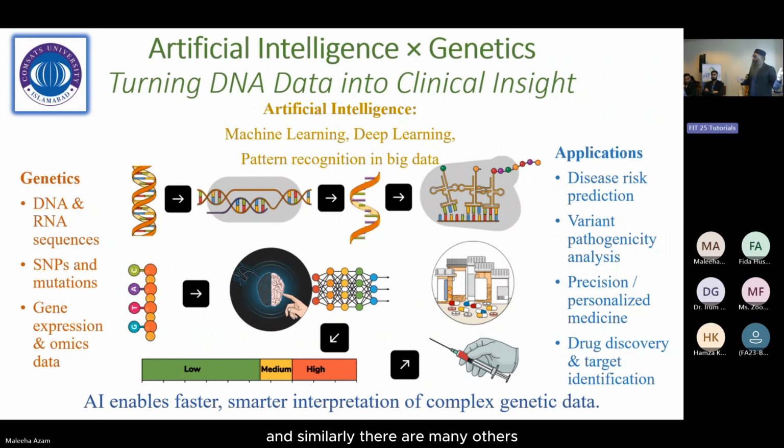Similarly, there are many others. There was a family, I think in Cuttack, and we treated that family with a chemical, and the patients showed some improvement in their phenotype. Similarly, there are many other examples. RPE65 is a retinal-specific gene in which, when the therapy is given, individuals show some improvement in their phenotype.